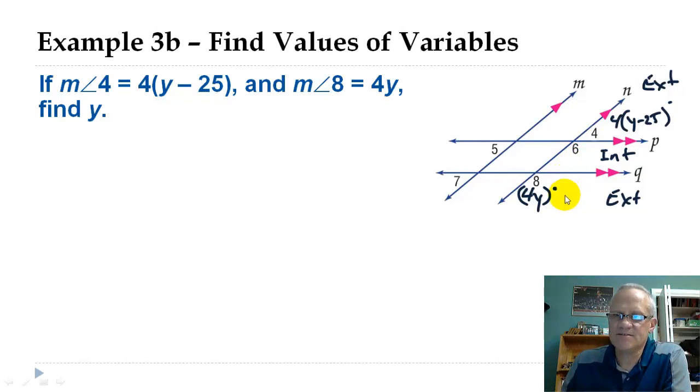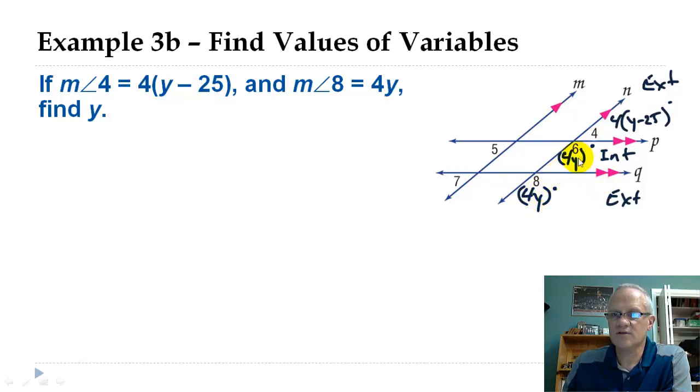So let's see. What about if we had angle 8 and angle 6? What could we say about those? Well, those are corresponding angles, right? Same corner house, just next block over. So they're congruent. So that means angle 6 would have to be 4y degrees as well.